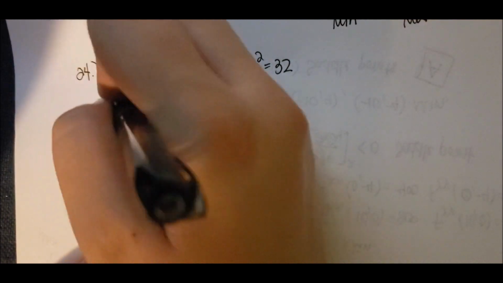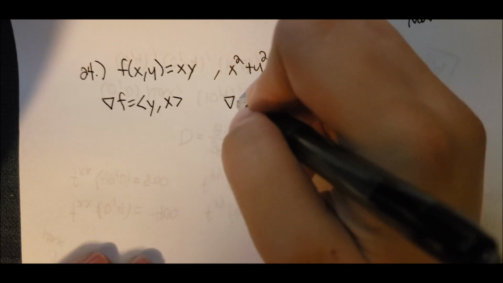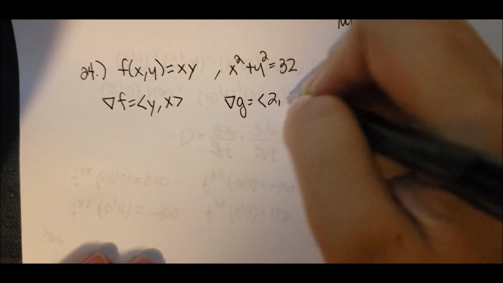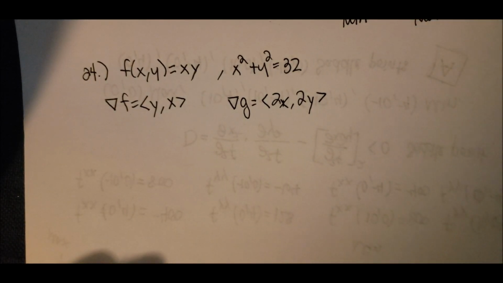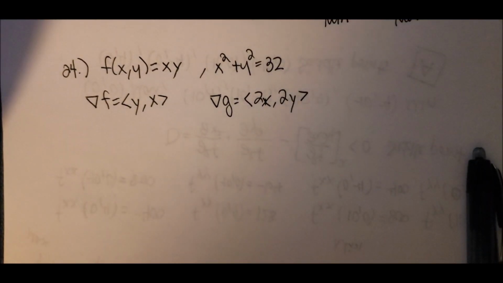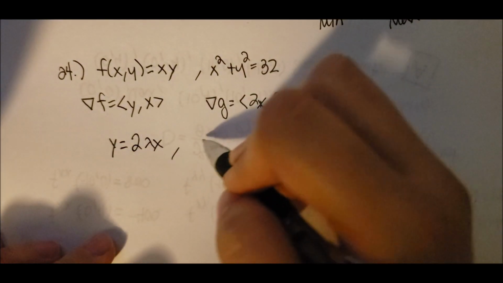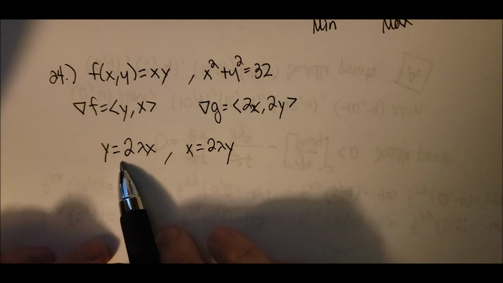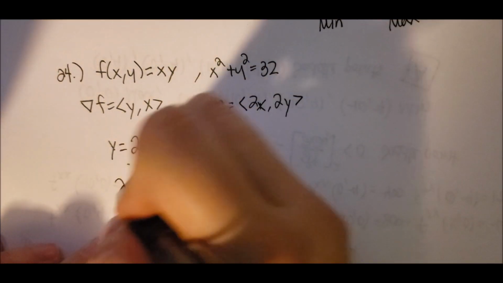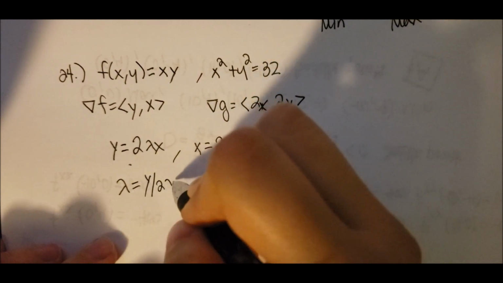So I'm going to find my gradient. So I have y is equal to 2 lambda x, and x is equal to 2 lambda y. So if I solve for lambda, I get that lambda is y over 2x.